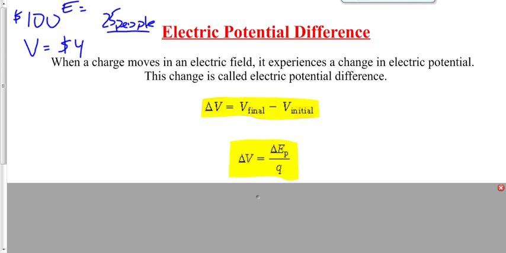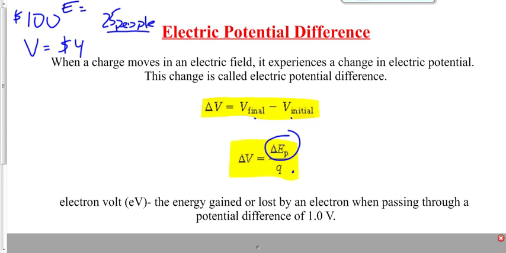If we spent $62.50 combined on Slurpees, the change in energy was $62.50. We divide that by the number of people, which is 25, and we get a potential difference of $2.50. So we can find it by saying the final potential minus the initial potential, or by saying the final potential energy minus the initial potential energy divided by the charge. We get the same answer both ways.